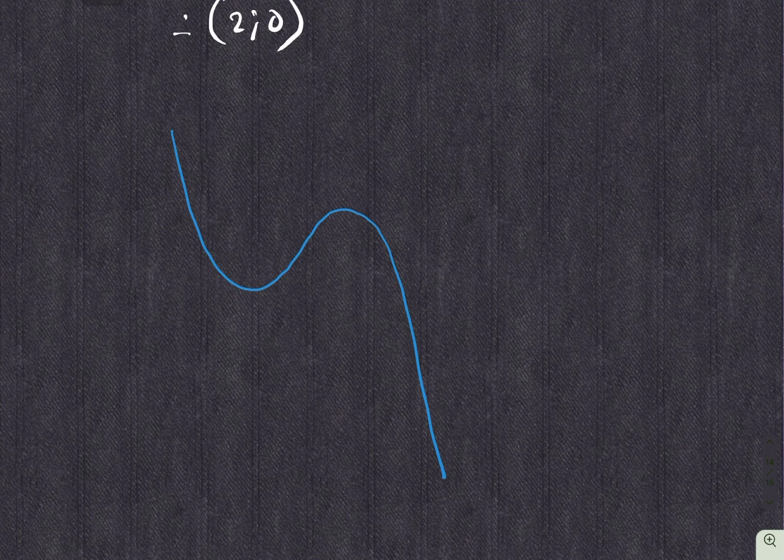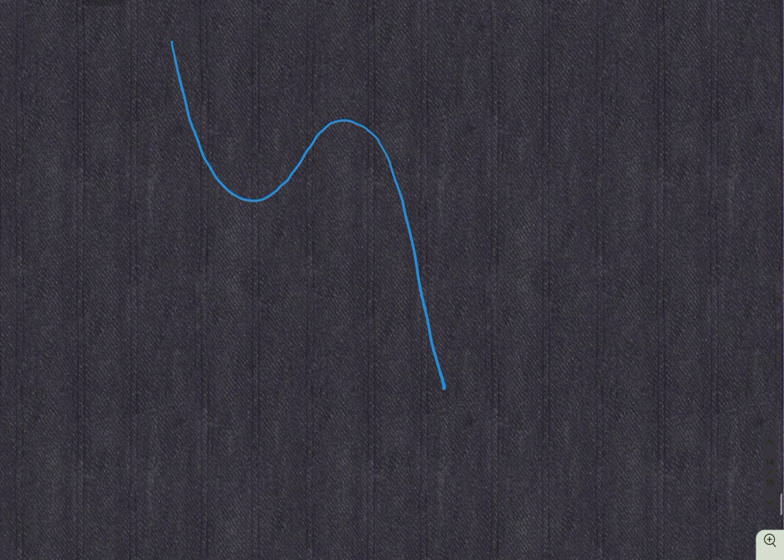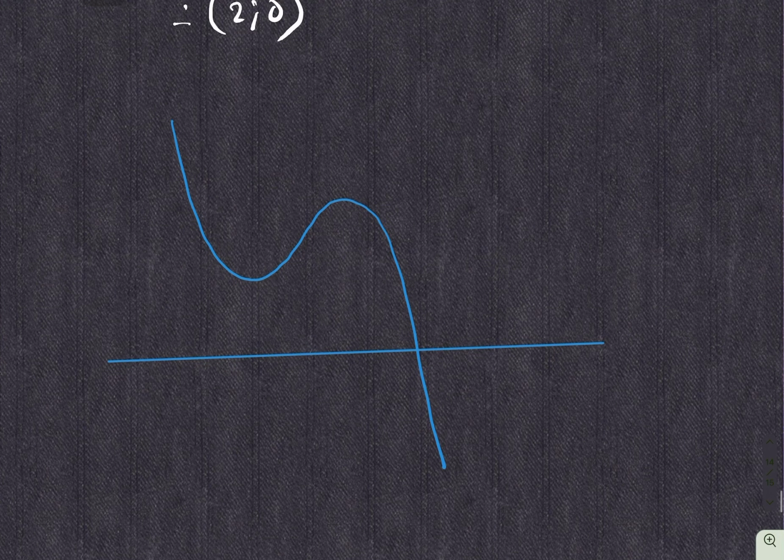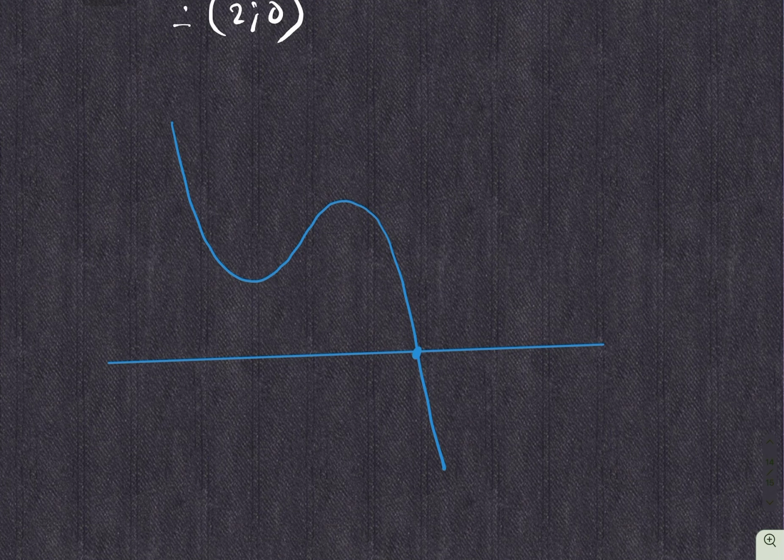It's going to be like this, and then it's going to cut at positive 2 there. And the y value there at 2 is the y-intercept.